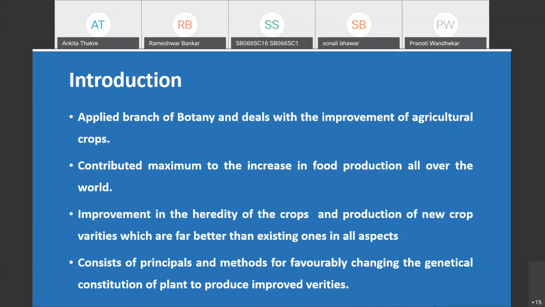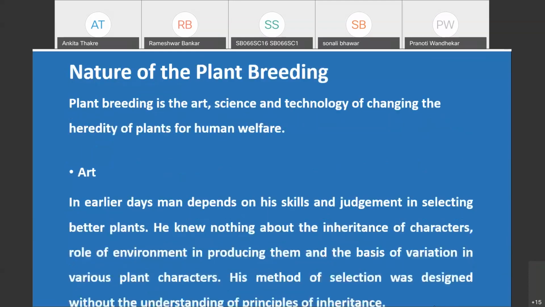Plant breeding consists of principles and methods for favorably changing the genetic constitution of the plant to produce improved varieties.